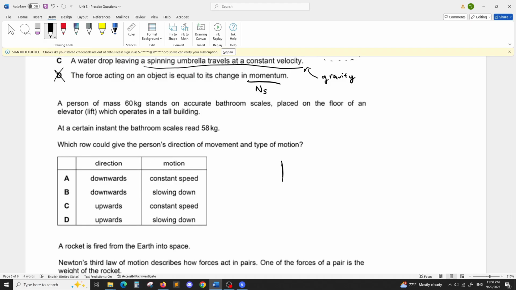So let's draw a little elevator. We have our bathroom scale and then our person. Let's just assume he's actually on the bathroom scale. So you're actually 60 kg.